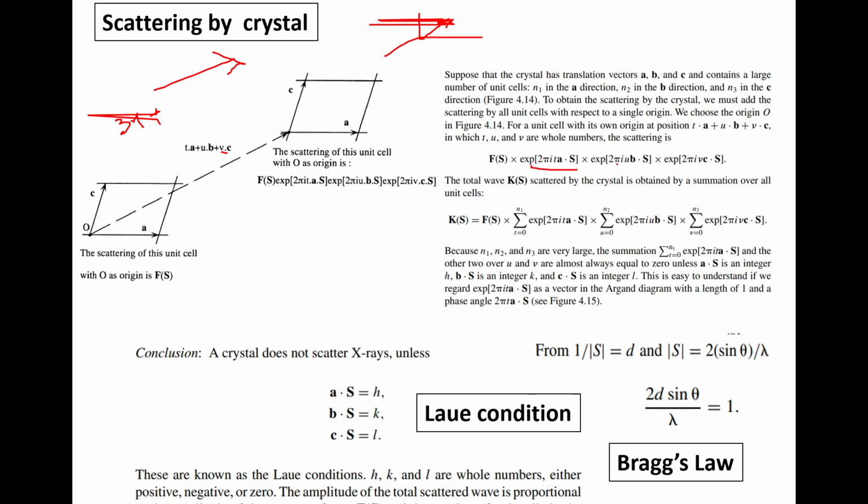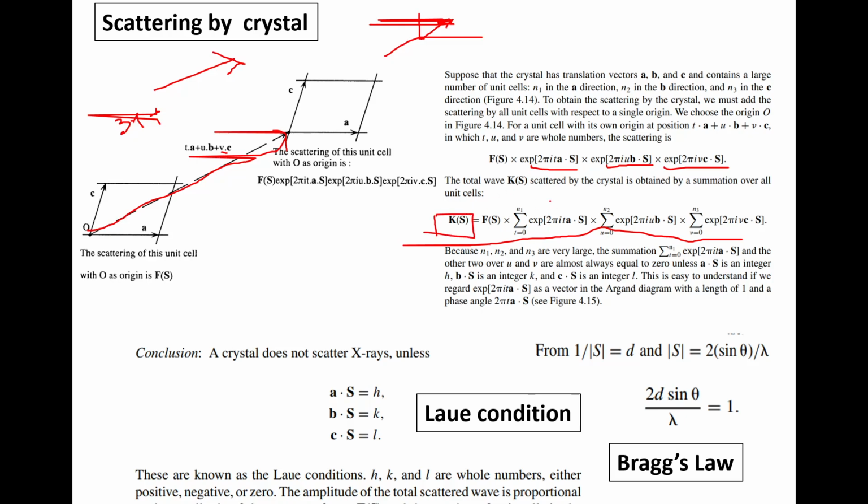This is for the x direction, this is for the y direction, this is for the z direction. Now there are n number of unit cells, n1, n2, n3. We multiply all with this, and this t, u and v will serve as the relation for unit cells which are not along the x, y, z directions but in between. Then you come to this final Ks value.